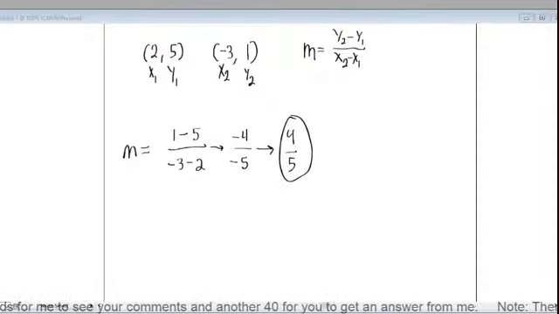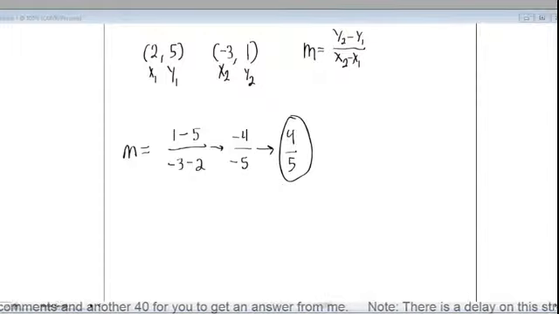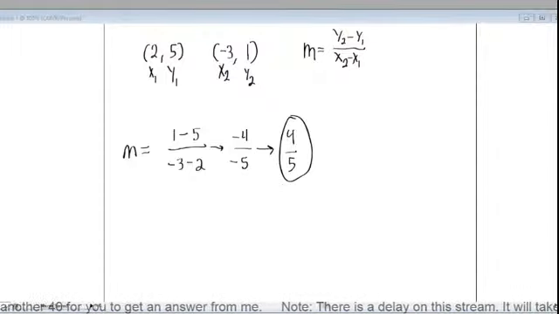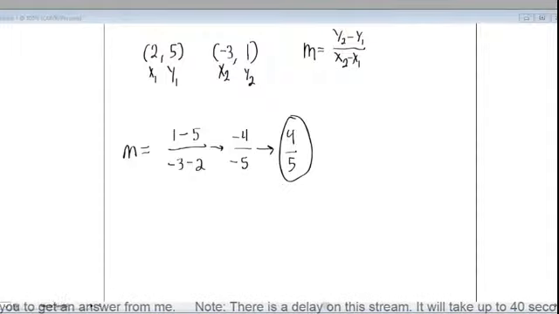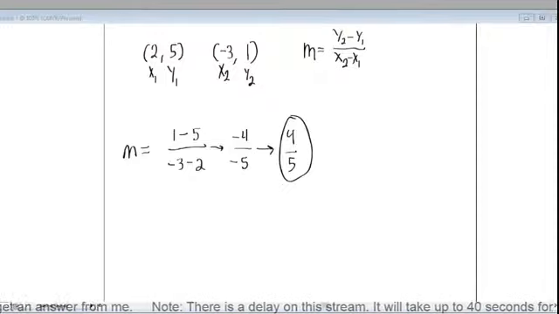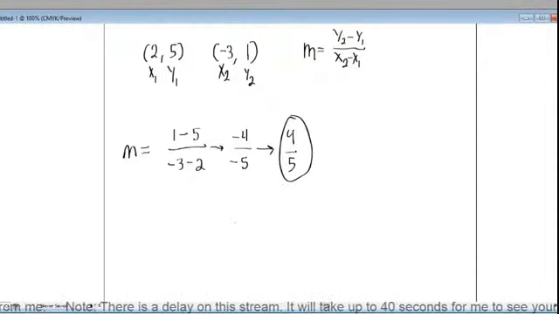You know what? Actually, why not? Let's go ahead and find the equation. It's easy enough to do, and we have the time. So to find the equation, we actually have another formula that we can use. And it goes like this.